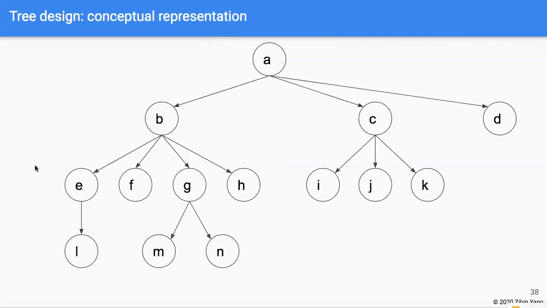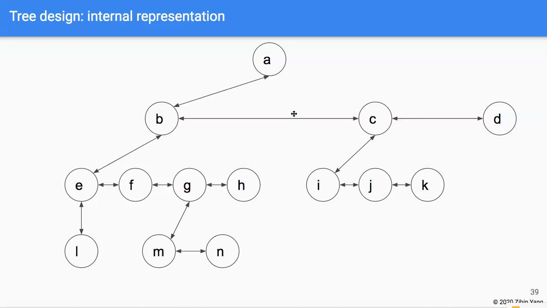So a tree, while conceptually it looks like this, in our actual implementation, it actually looks like this instead. So a parent would point to a first child, right? Another parent, it will point to its first child. And then that first child would point to the next sibling, that would point to the next sibling, and so on.